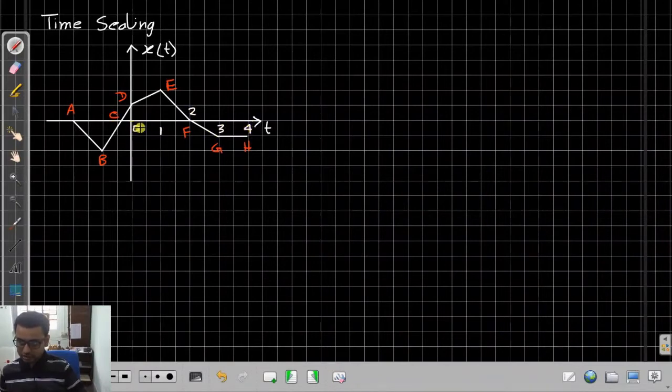This is the origin, time equal to 0, here -1 and here -2.